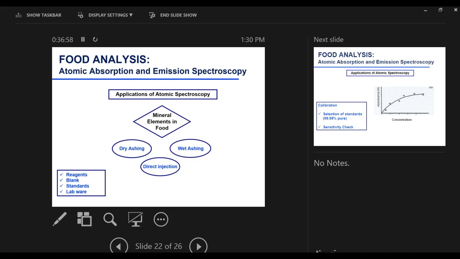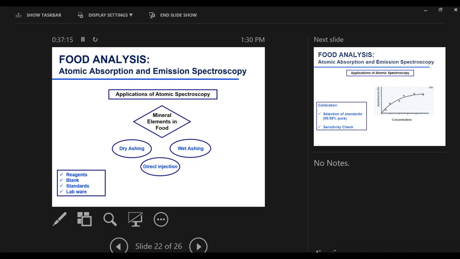Sometimes your glassware is contaminated from previous use. So all of the glassware for this lab is acid washed. Your crucibles are acid washed and ashed without your sample so that there's nothing in there from a previous run.